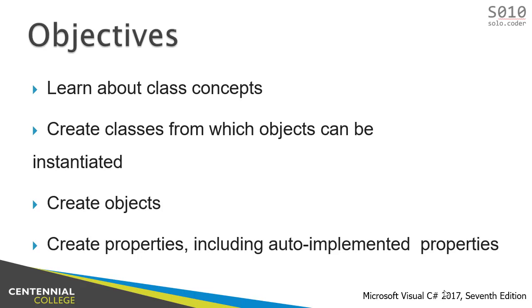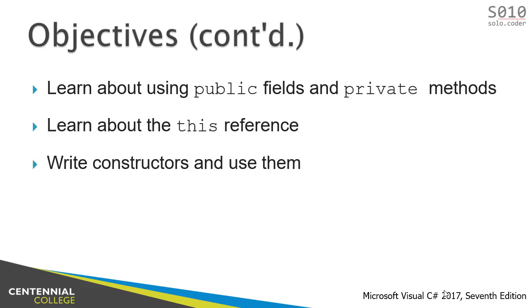Okay? So, what we're going to be looking at today is how we define classes, how we create objects from those classes, how we use properties. Properties, not so much today, but we're going to be talking about class members. We're going to be talking about private, public, internal.